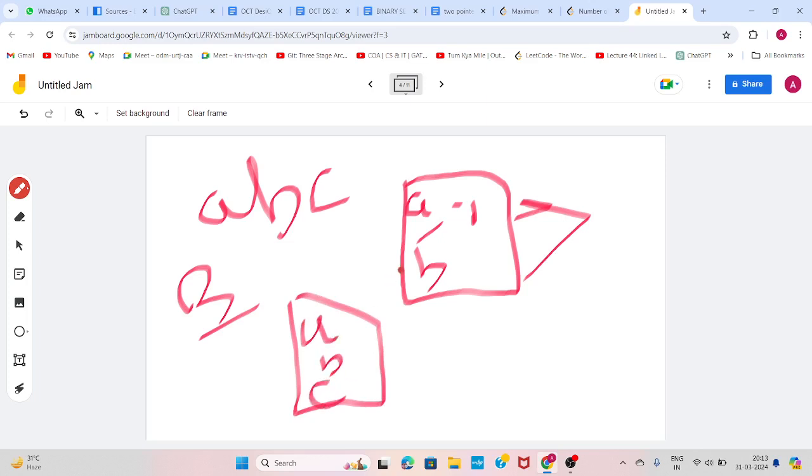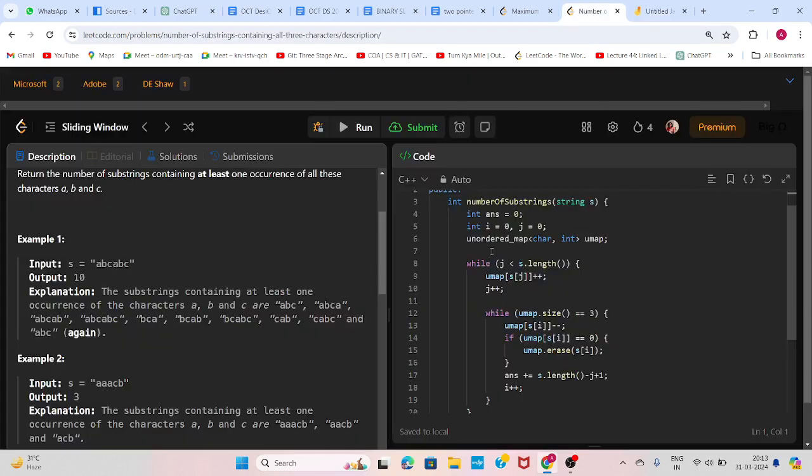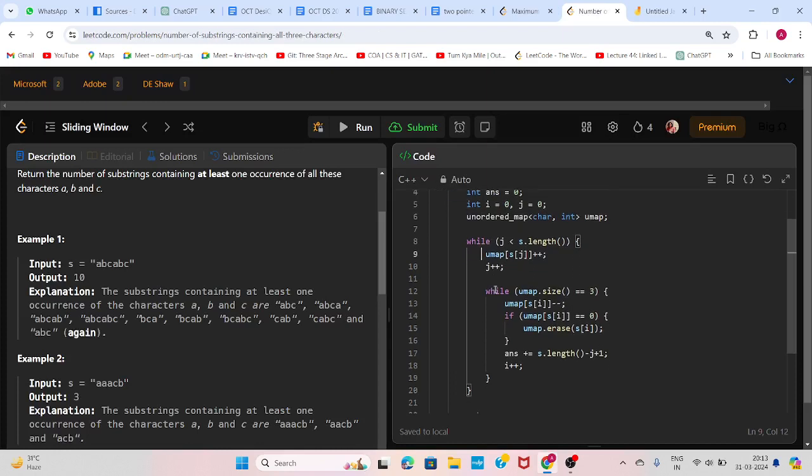So that's the condition we need for all the substrings. Here the condition is that we will check the size of the map. If the size of the map equals 3, it means that it is a valid subarray.